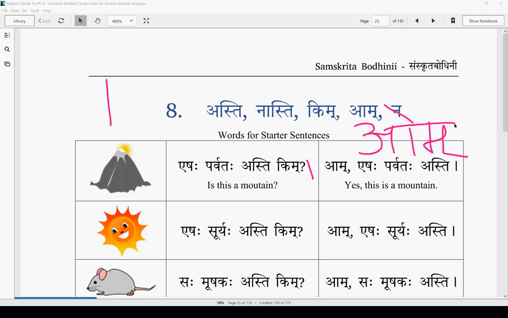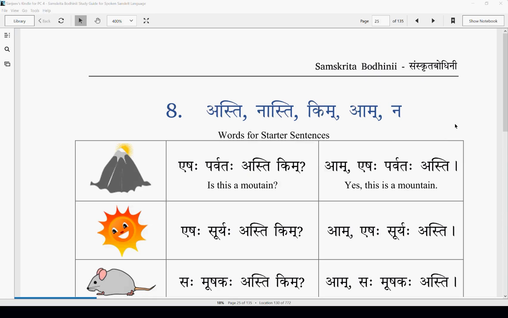Om means yes. But if you want to avoid the confusion with Om the Mantram, and you just want to say yes, you can say Am, that is okay. Am, Eshaha Parvatah Asti. This is the mountain.